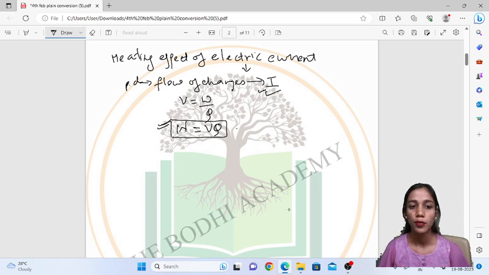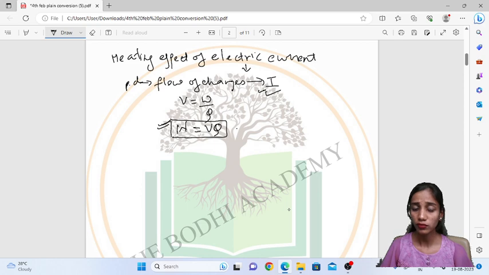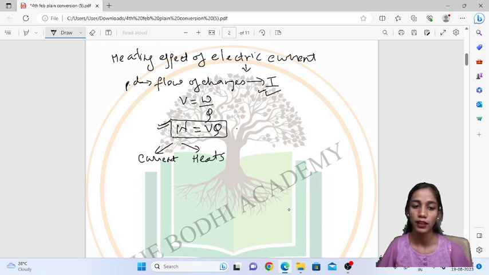The main concept is that the energy is expended for the production of current, and it also increases the temperature of the device. So the first reason is for the production of current, and the second is to increase the temperature, which means it heats the device. So the energy is expended for two reasons.